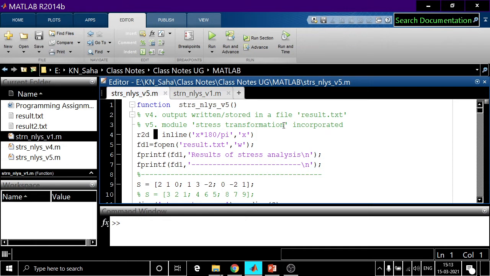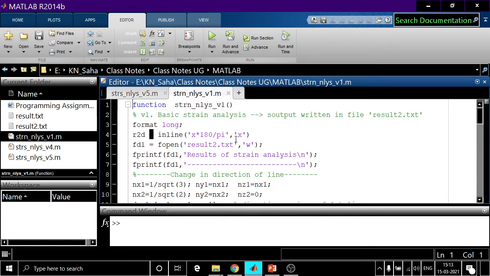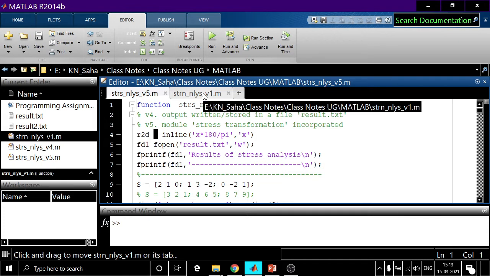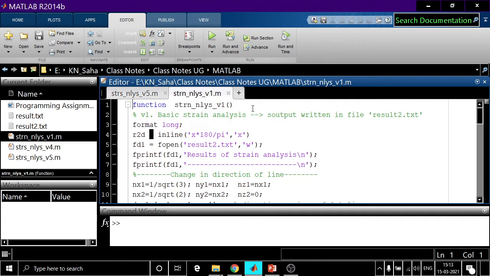We have already discussed this particular stress analysis code. For strain analysis a similar code is generated. You could have continued with this, but to keep the code a little bit short, another code is generated for strain.